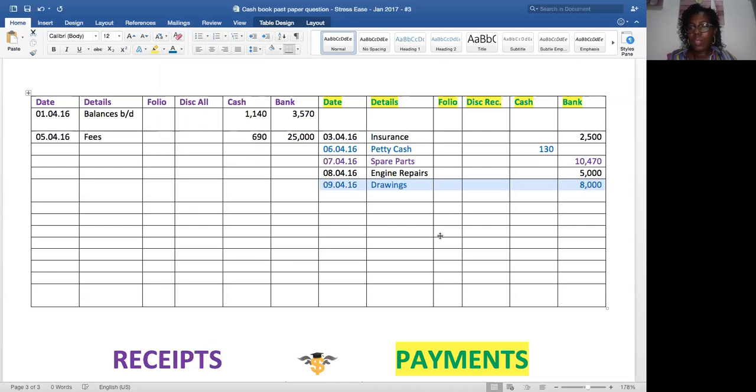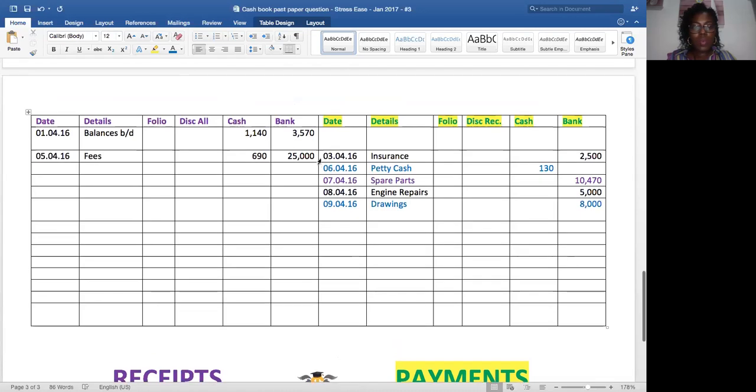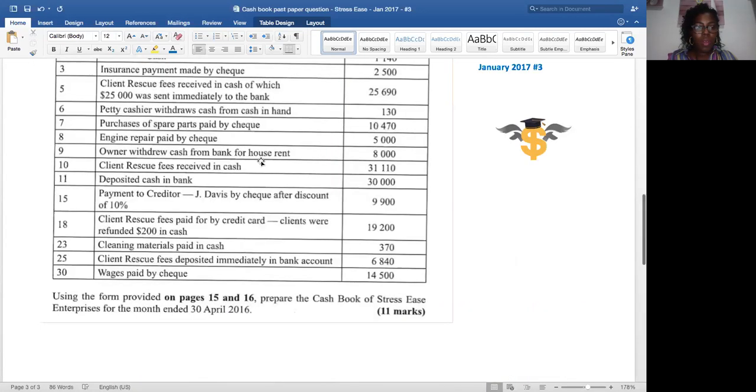All right. So drawings, 8,000. Drawings is the next account that is going to be affected. All right, so let's go back up. We're moving along nicely.